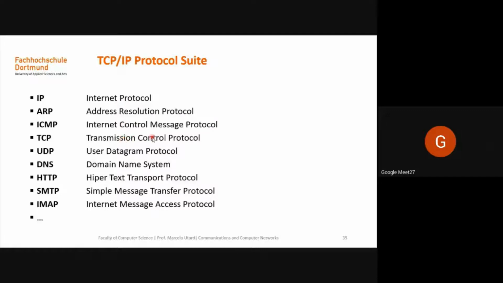TCP, Transmission Control Protocol, and User Datagram Protocol, both at the transmission layer. DNS, Domain Name System, HTTP, Hypertext Transfer Protocol, SMTP, Simple Mail Transfer Protocol, in order to send mail messages, or IMAP, Internet Message Access Protocol, used to retrieve mail messages from a mailbox account.